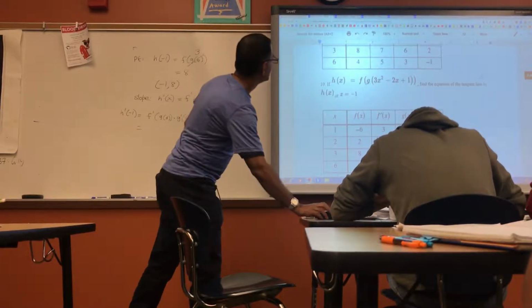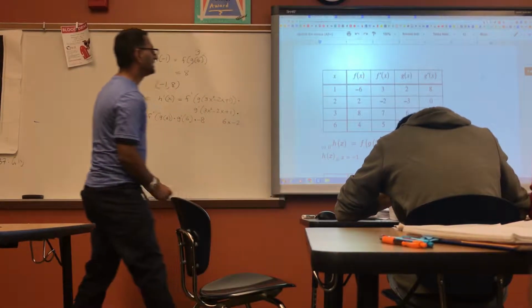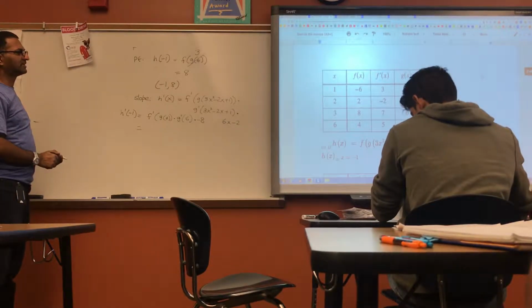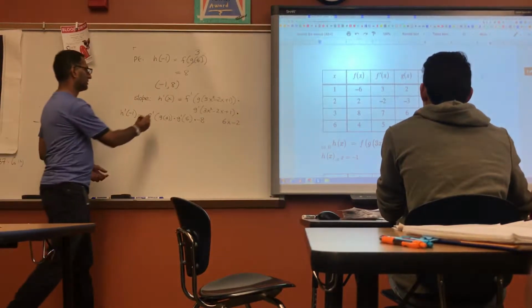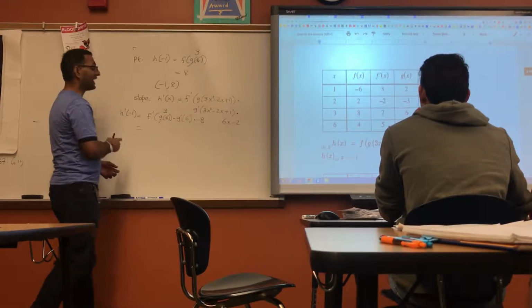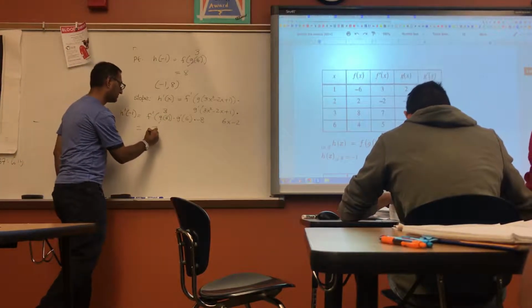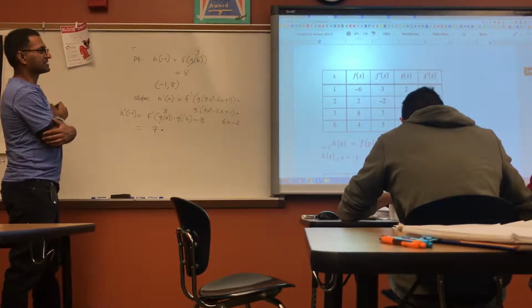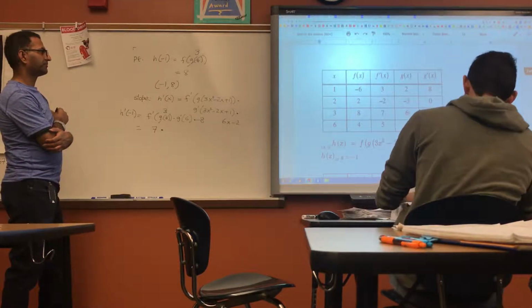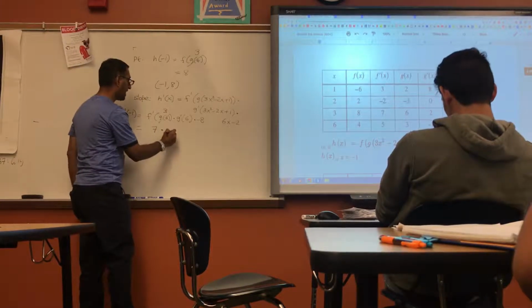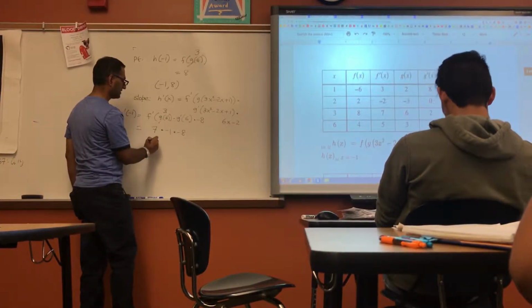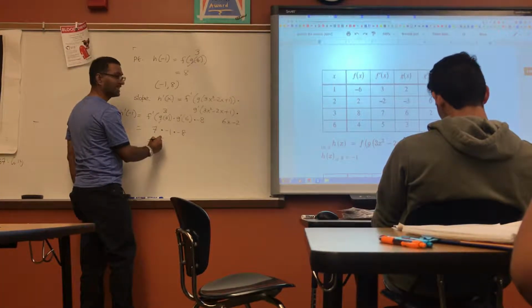Let's read the table. First we need g of 6, which is 3. Now careful, we need f dash of 3. 7, write that down, times g dash of 6. Negative 1 times negative 8. Final answer? 56.